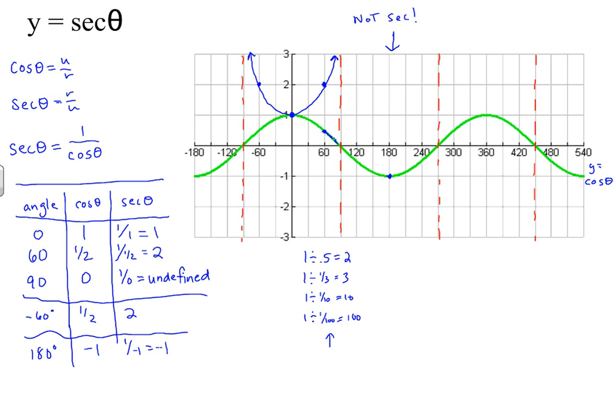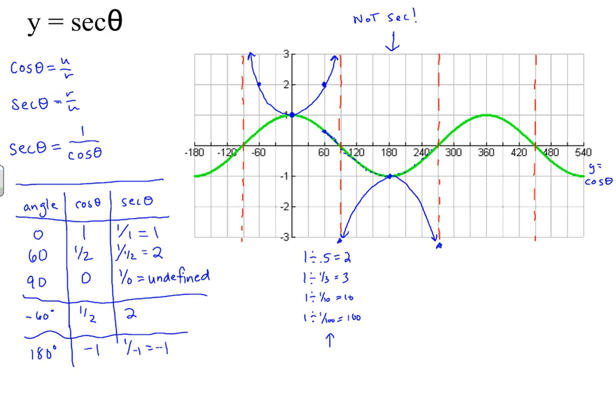Cosine is negative this whole time, between 90 and 270. So secant is going to be 1 over a negative number, which is also a negative number. And I know that I'm going to get vertical asymptotes at 90 and at 270 because we already figured that out. So it's going to go down like this.